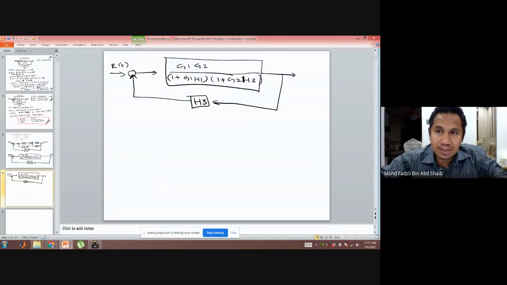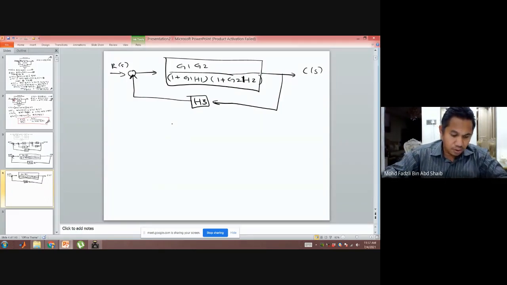So now we need to combine this, okay? It's the same formula.